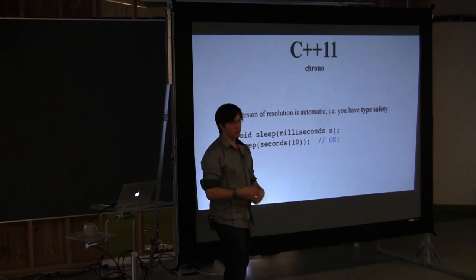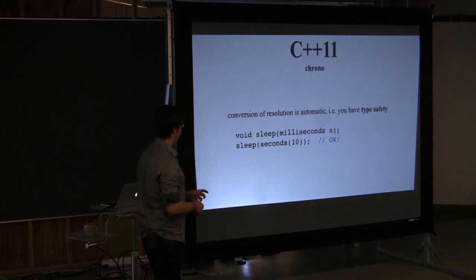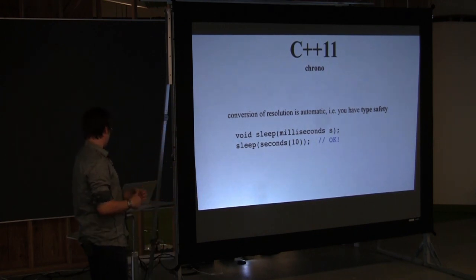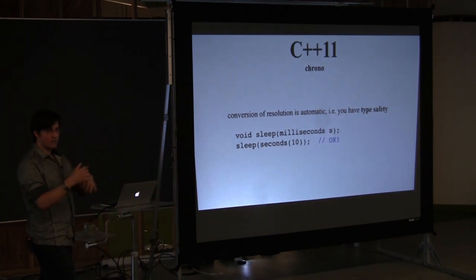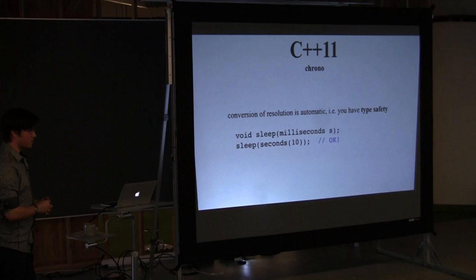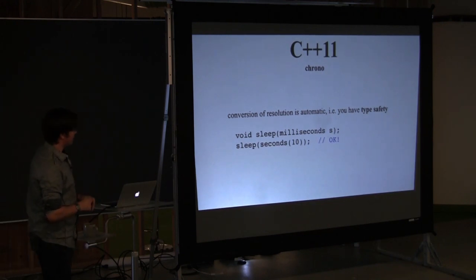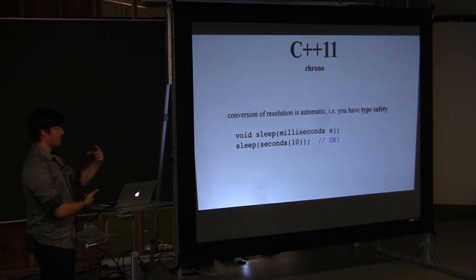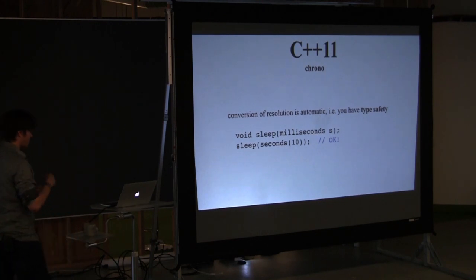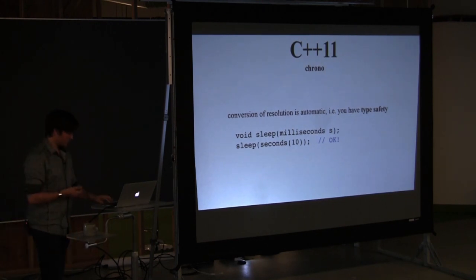And it will automatically do the conversion for you and say, okay, 10 seconds, that's times 1000, because of the ratio specified. There's some template machinery behind the scenes here that can convert any time duration into any other time duration, doing the right thing, preserving as much accuracy as possible.